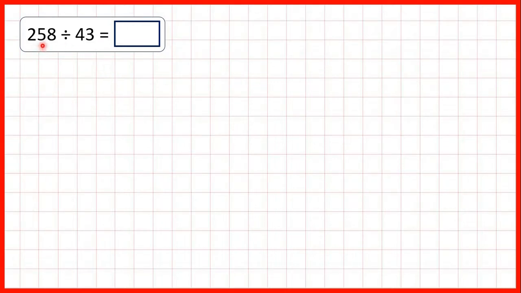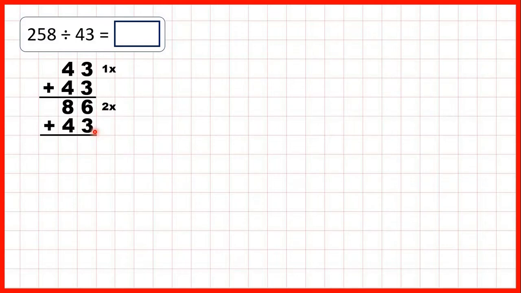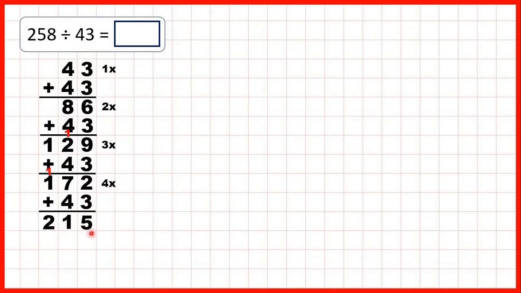Now we have 258 divided by 43, so we need to count up in steps of 43. 43 is 1 times, adding another 43 gives us 86 for 2 times, another 43 gives us 129 for 3 times, another 43 gives us 172 for 4 times, 215 for 5 times, and if we add another 43, we get 258 for 6 times.